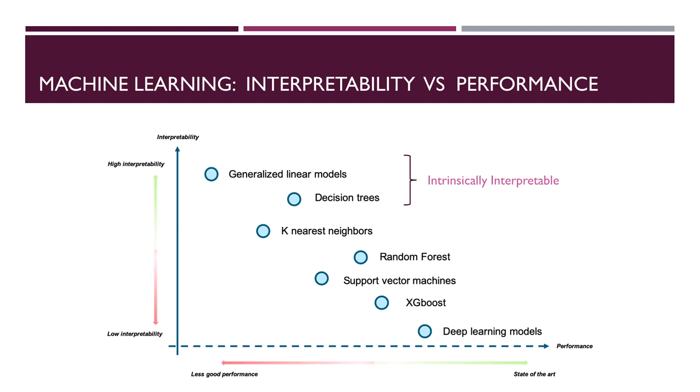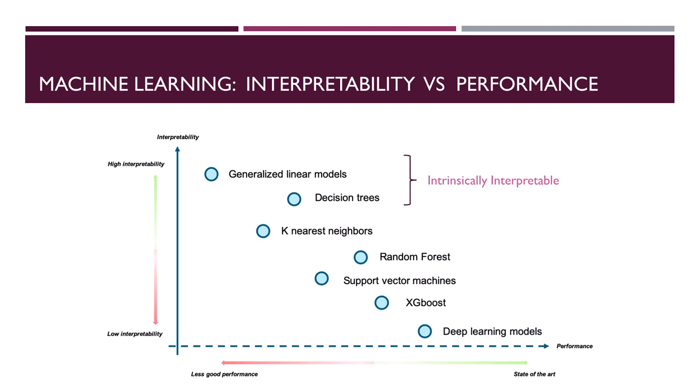And what you can see in this graph, and the entire purpose of showing this slide, is that there is a trade-off, okay? As models become better and better at making accurate decisions, the models lose interpretability, okay? And that's the reason for this negative trend that you see here.